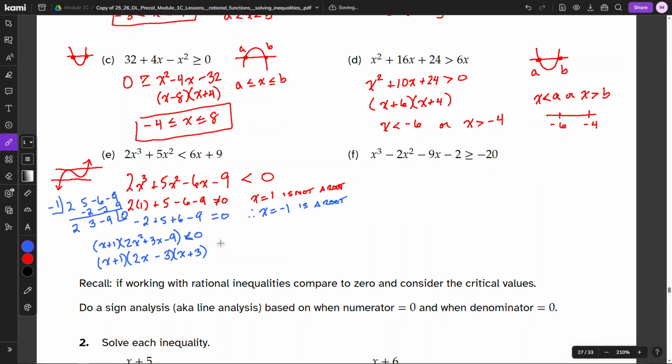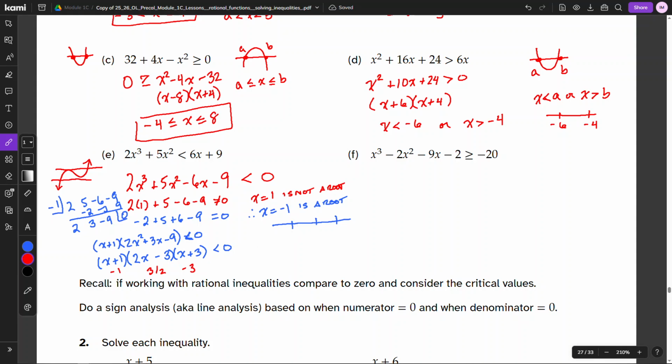works. And if that's going to be less than 0, I can use line analysis and say I'm going to have, let's see here, negative 1 as a root, 3 halves as a root, and negative 3 as a root.